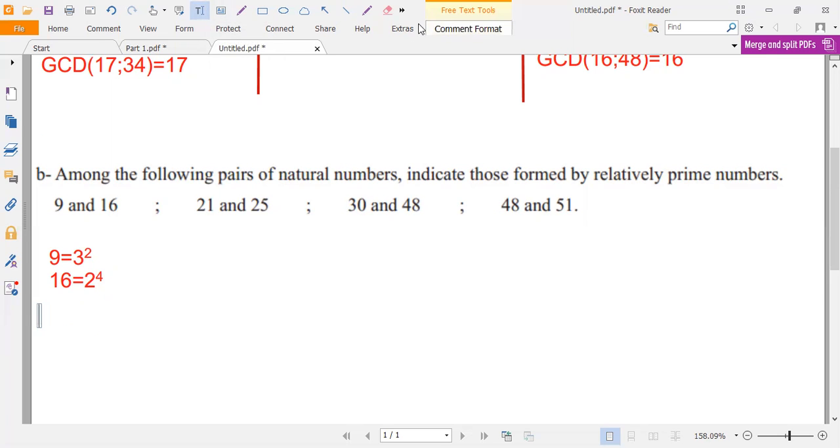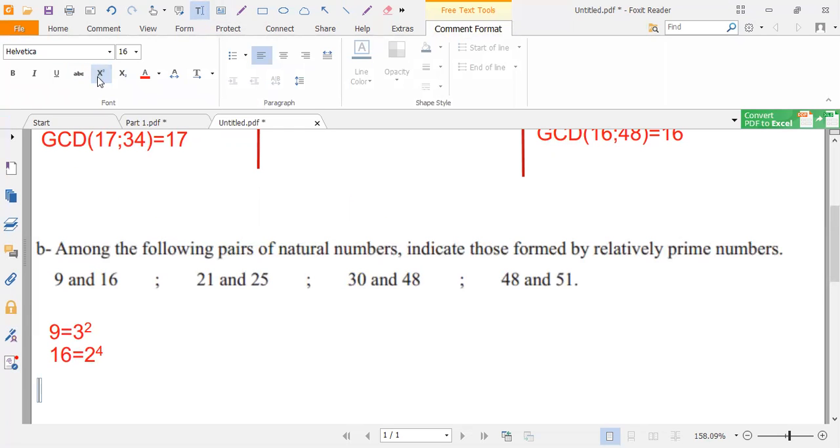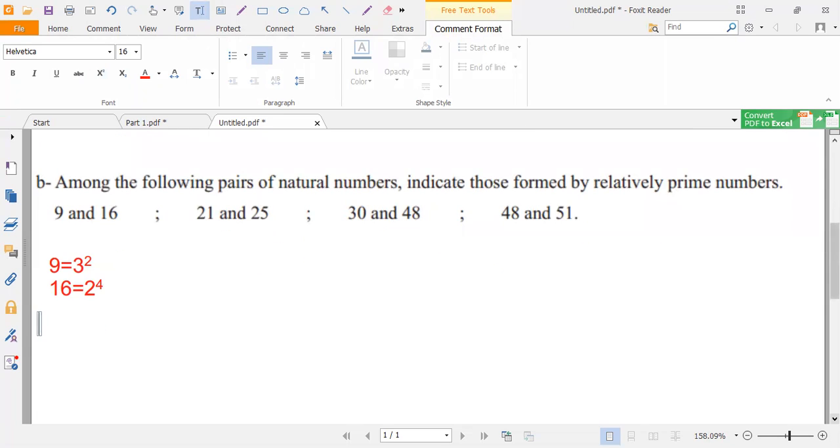So the GCD has no common divisors other than 1. So the GCD of 9 and 16 is equal to 1.